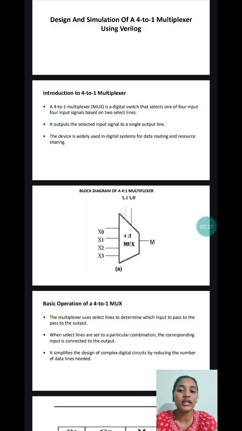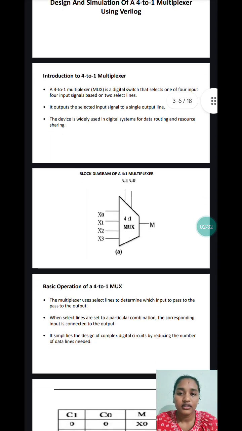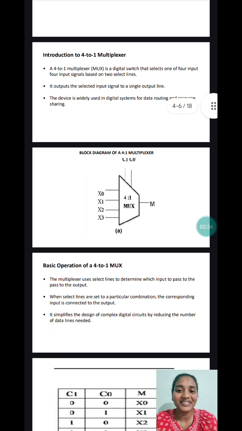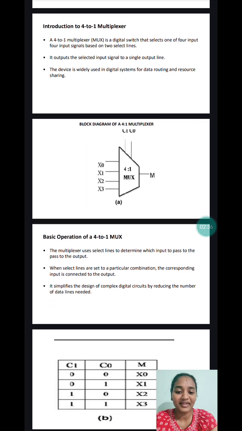It can form only individually, not all. The device is widely used in digital systems for data routing and resource sharing.